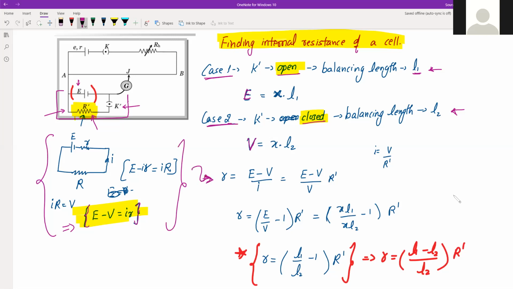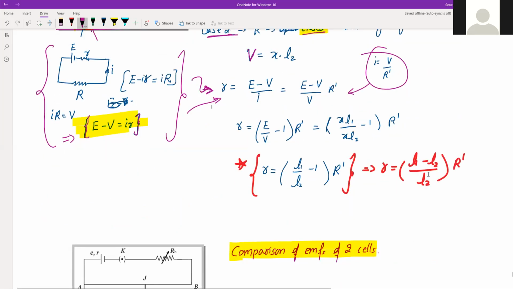R is equal to E minus V divided by I from the same relation, and I is equal to V by R dash. So this we applied here, and from these two we have got E minus V by V, or that can be written as E by V minus 1 into R dash. Now we write it in the form of the balancing lengths and the potential which we have seen here, right?